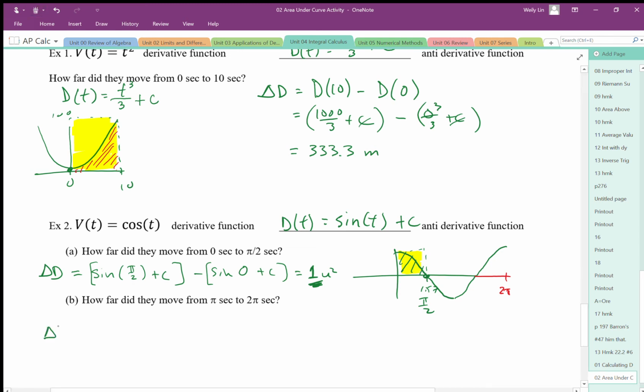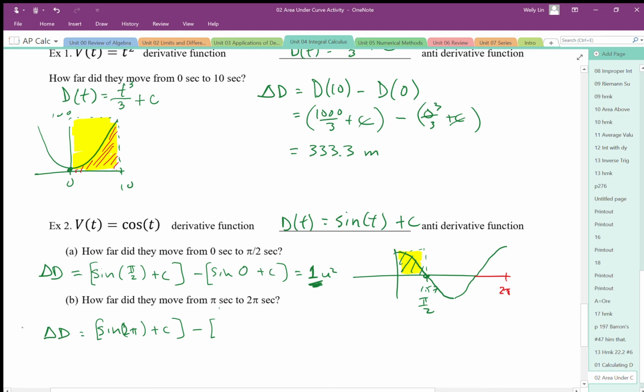So the net displacement should be from sine of 2 pi plus c, and then we're going to take from pi to 2 pi. Oh, sorry, I've done that differently. So let's actually do from 0 to pi to start.